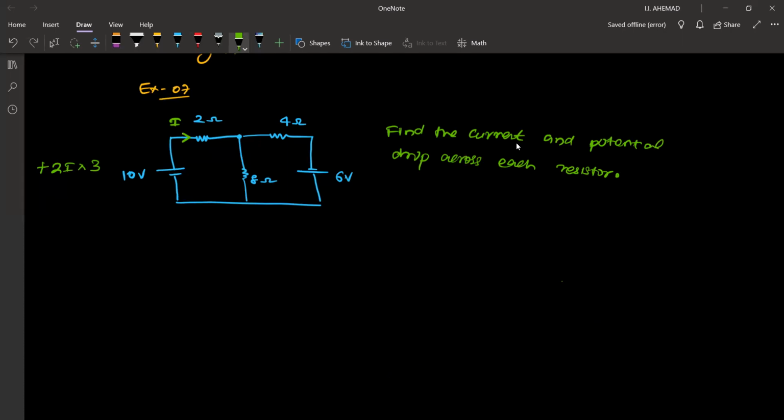Okay, the current is I. In this junction, current has to divide. Let's say we have simple I current through this. Then the current through this has to be I minus I.